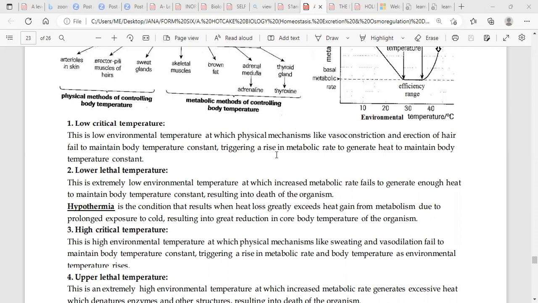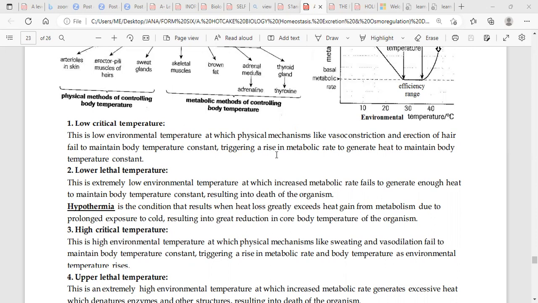When you have a lot of heat loss exceeding the heat gain. We said we need to have a balance between heat loss and heat gain. But look, if you have heat loss greatly increased and it exceeds the heat gain from metabolism, then there is a reduction in the core body temperature of an organism.